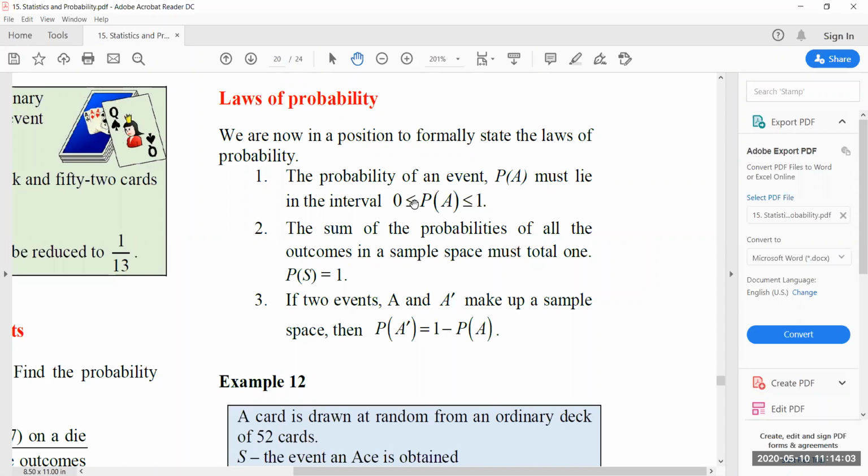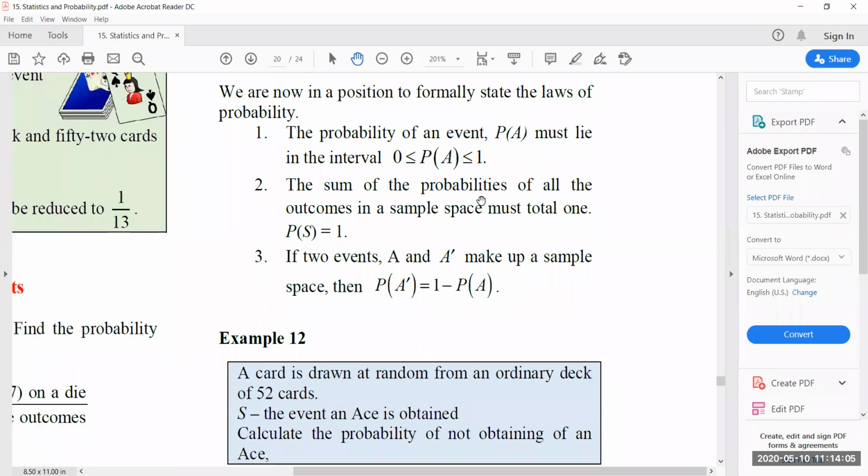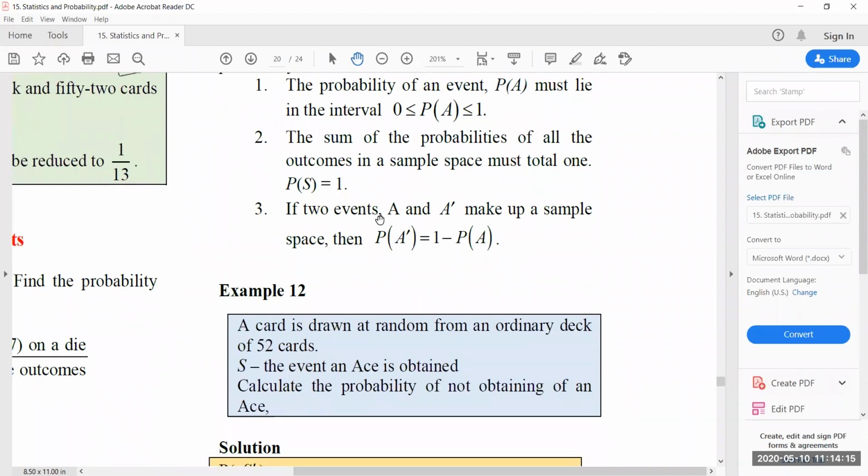That's what this is telling you here. The sum of the probabilities of all the outcomes in a sample space must total 1. And the third one, if 2 events A and A prime make up a sample space, then the probability of A prime is equal to 1 minus the probability of A. Any questions?